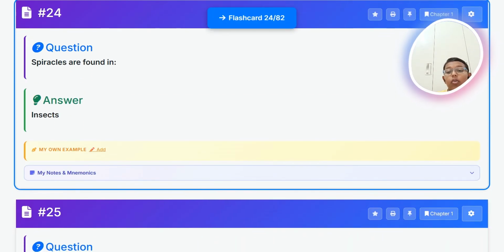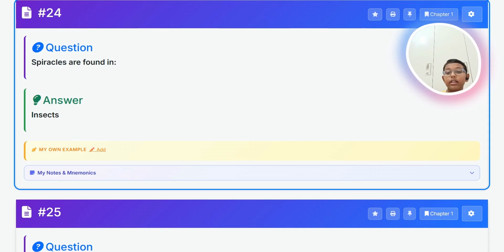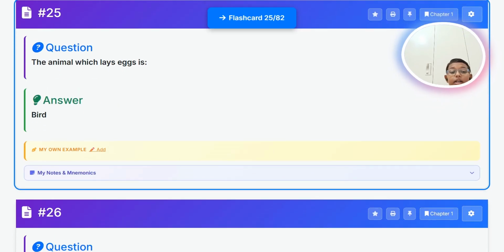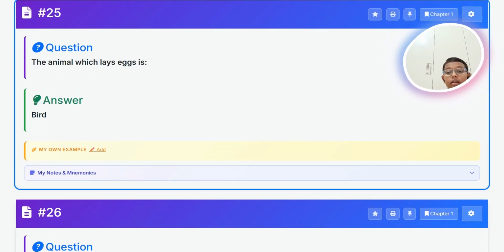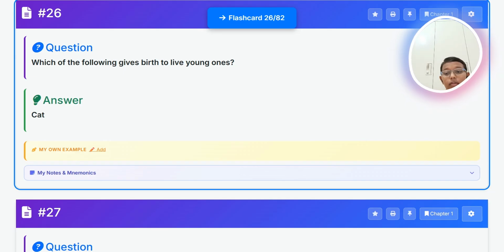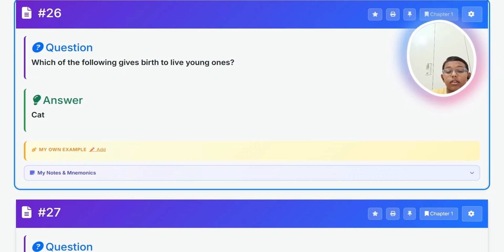Spiracles are found in insects. The animal which lays eggs is bird. Which of the following gives birth to live young ones? Cat.